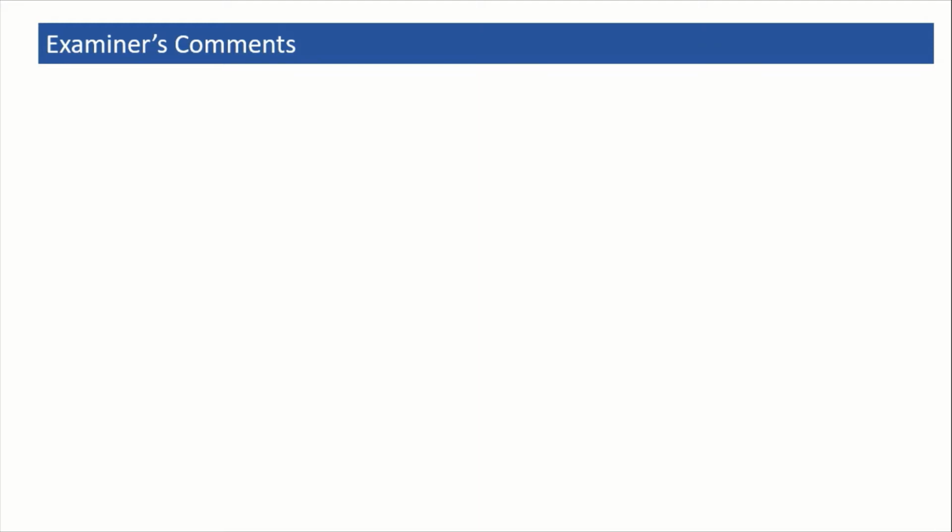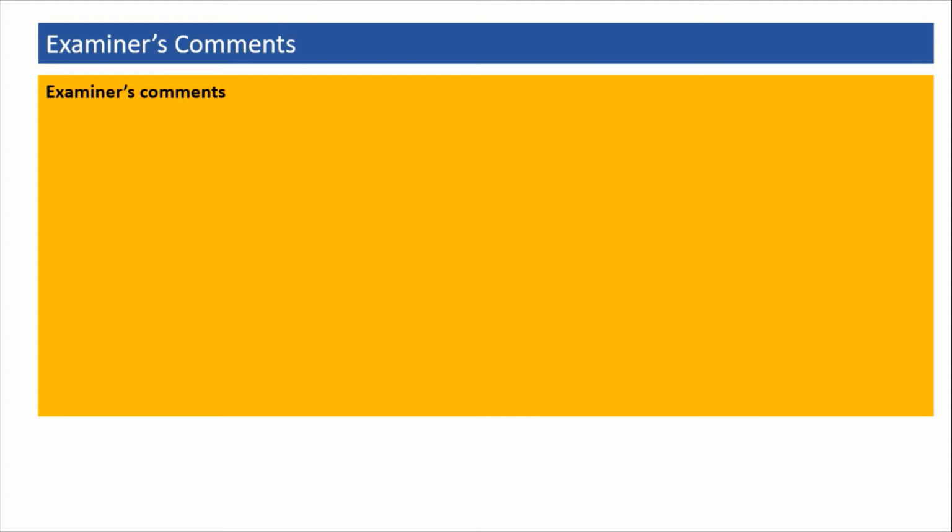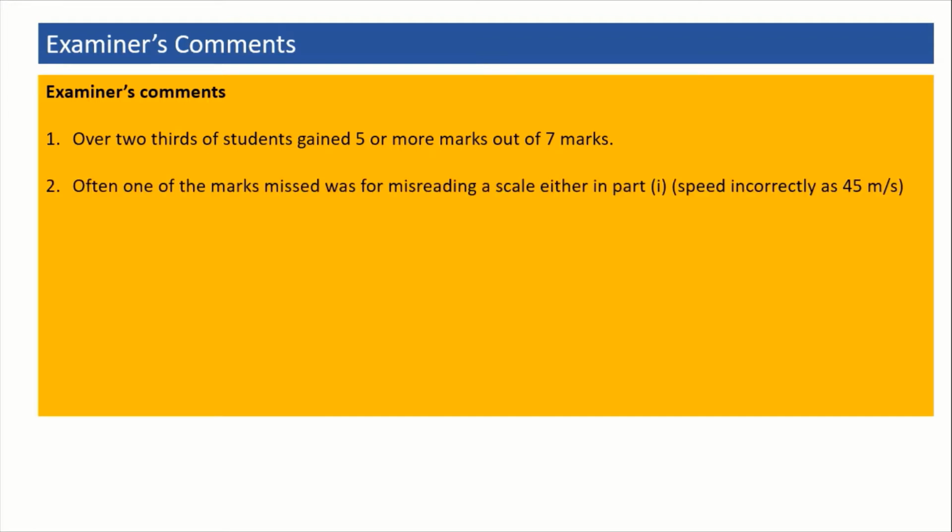Now let's try to understand key important points that the examiner has given to us related to the question that we have done today. Over 2/3 of students gained 5 or more marks out of 7 marks. So now you can place yourself based on the marks that you have obtained based on this guideline.